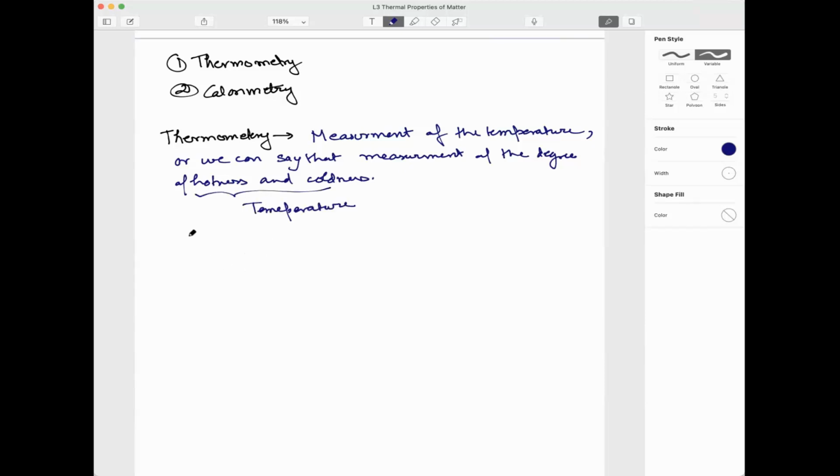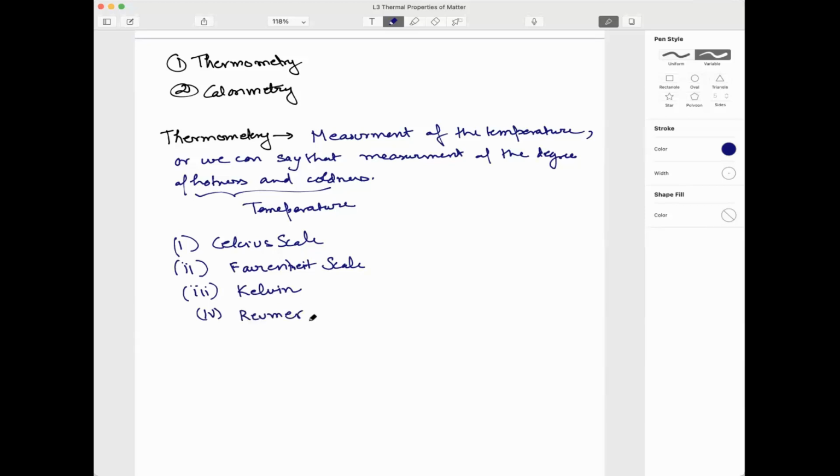We have three common types of scale to measure temperature: the Celsius scale, the Fahrenheit scale, Kelvin, and the Reaumur scale. So basically, four types of scale are there to measure temperature.